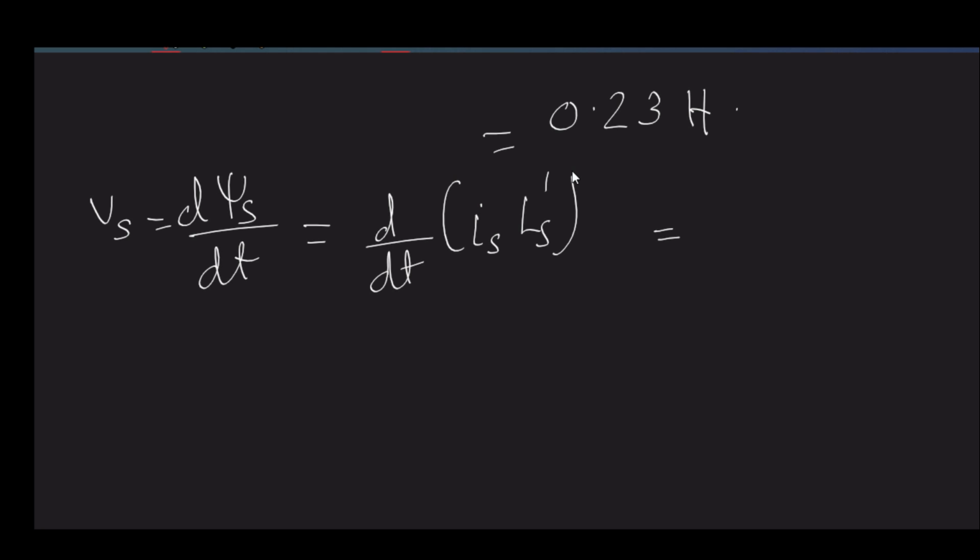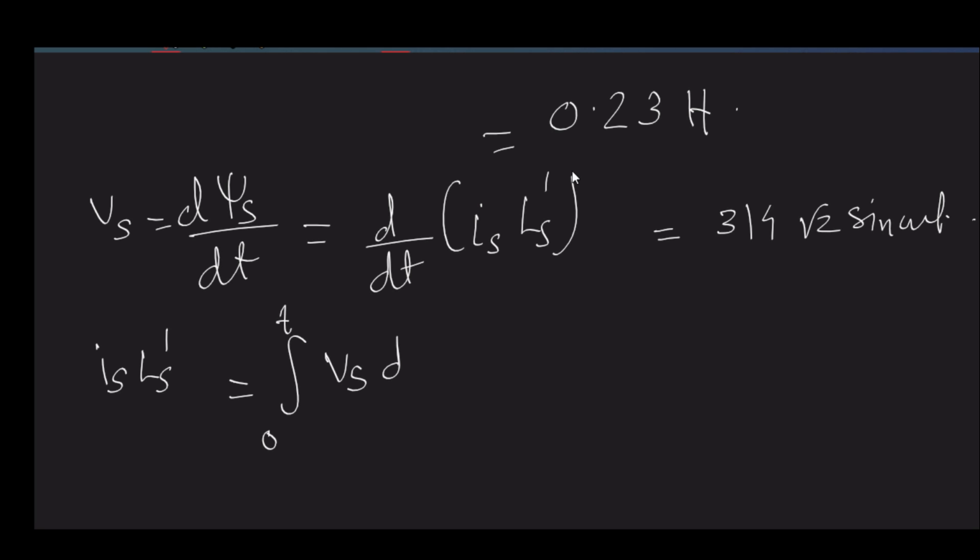Right, now your Vs is equal to what? It is 314 root 2 sine omega t. Now if that is the case, then we can figure out Ls dash is by integrating this, or you can write it as an indefinite integral.